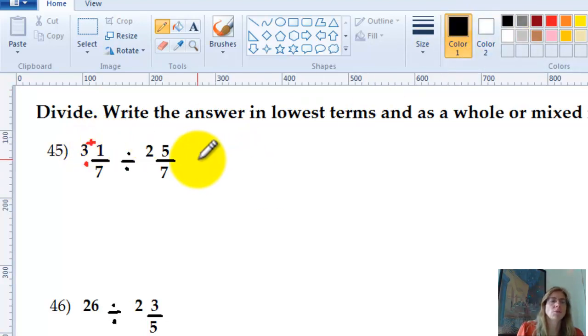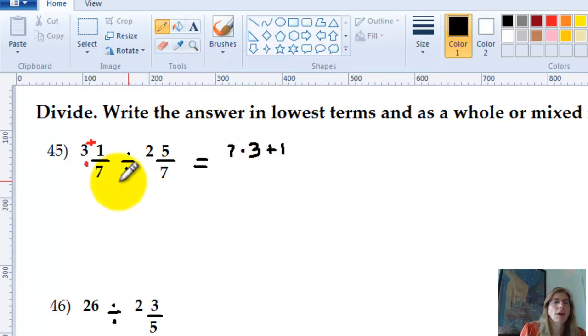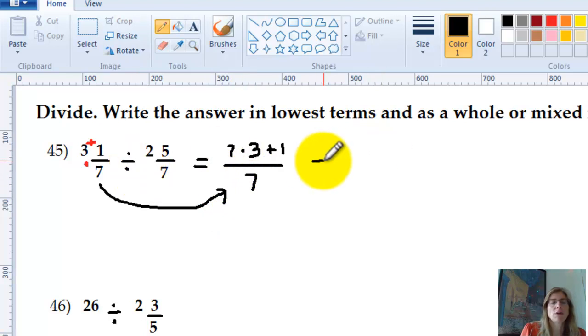And I'm going to do this problem horizontally. So 7 times 3 plus 1 back over the denominator. And I'm going to keep that division sign for now because we're not going to change it.